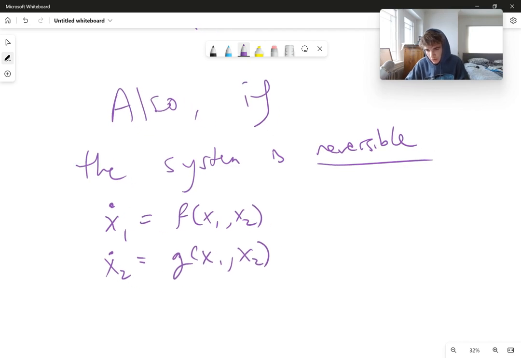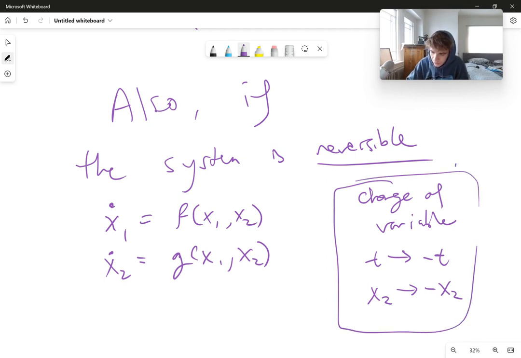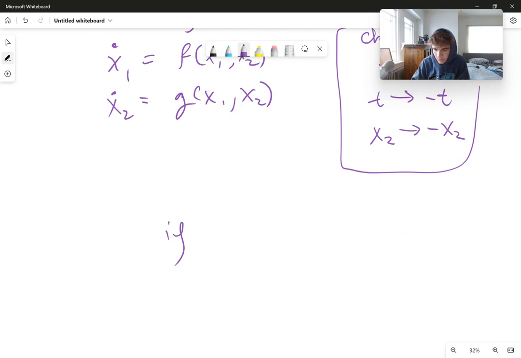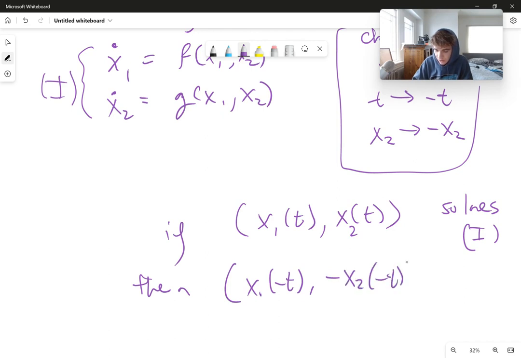And now we are going to do a change of variables. If we change our variables and we reverse time, so t goes to negative t, and then we reverse x2, so x2 goes to negative x2, and if the system is invariant under this change of variables, i.e., if x1 of t, x2 of t is a trajectory, so trajectories solve the system, so if x1 of t, x2 of t solves the system and is a phase trajectory, then x1 of negative t, negative x2 of negative t also solves, okay?